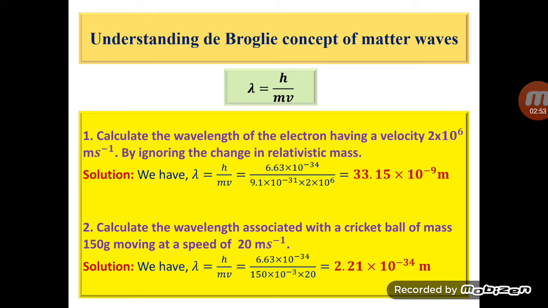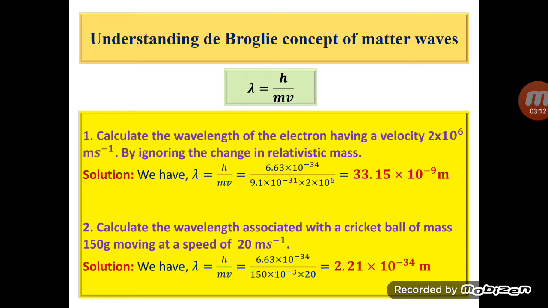According to de Broglie, a material particle moving with velocity v behaves like a wave, and the wavelength associated with a moving material particle is given by lambda is equal to h by mv.